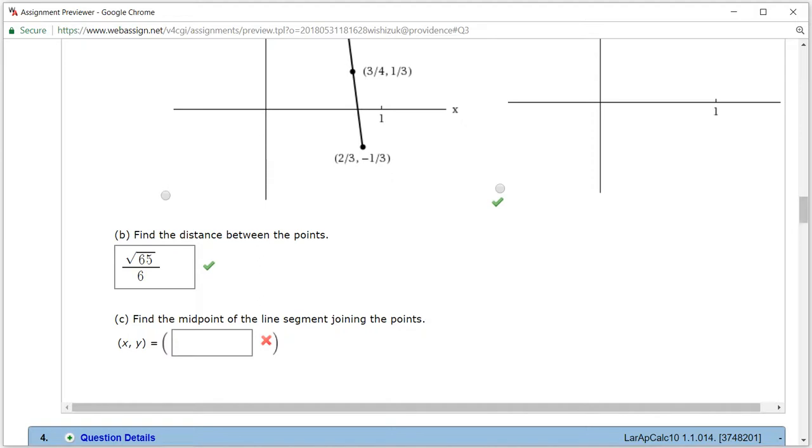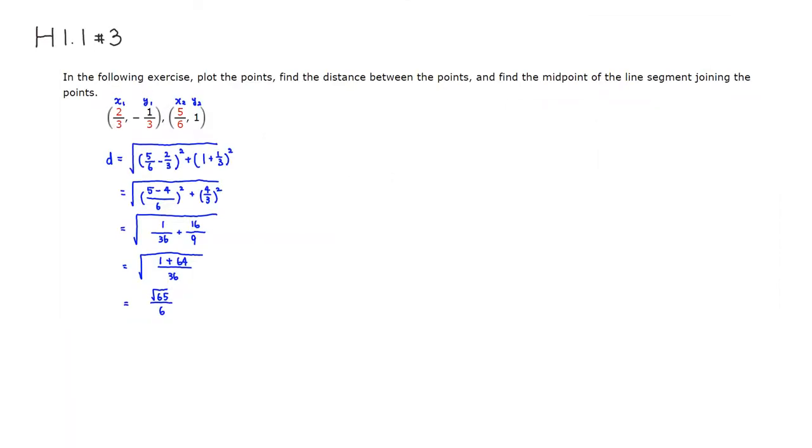Let's move on to part C. We want to find the midpoint of the line segment joining the points. In order to find the midpoint, all you really have to do is find the average of the x coordinates and the average of the y coordinates.